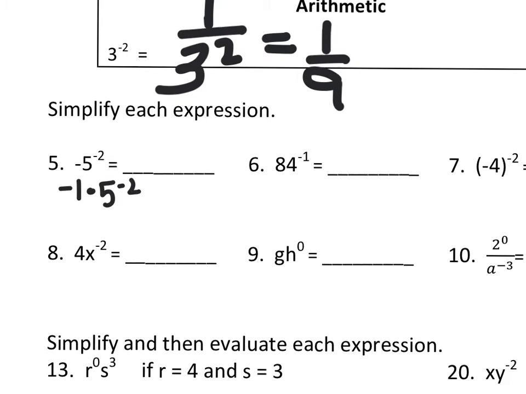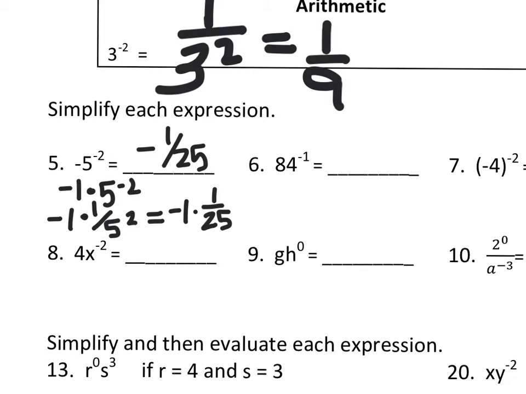So your negative 1 is going to stay the same, but your negative exponent on your 5 tells you to move that to the bottom and make that exponent positive. So now we've got negative 1 times 1 over 5 squared, and 1 over 5 squared is 1 over 25. So we get negative 1 over 25. So the negative was separate from the value with the exponent.